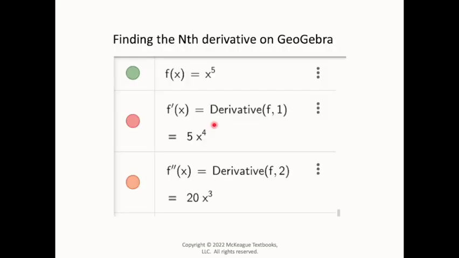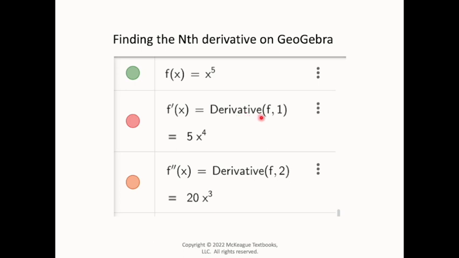All right, last slide. I wanted to show you the command for checking derivatives that are of higher order. So here's an example of what that's going to look like. If you put in GeoGebra your original function and you use the command that says derivative, there's going to be two options.